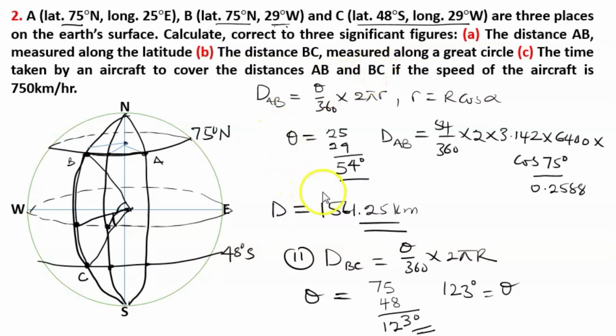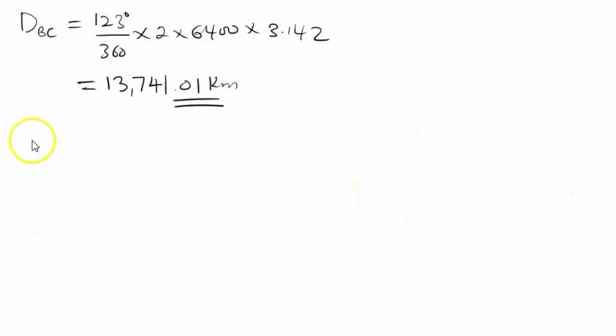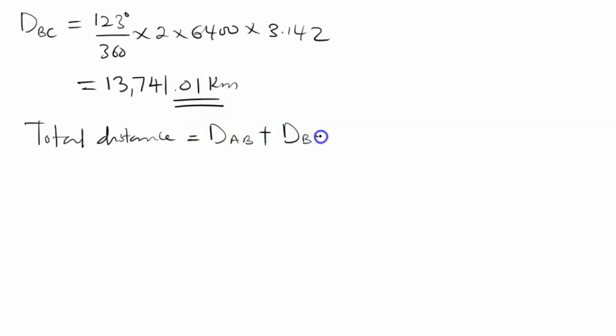We've actually gotten the distance AB to be 5161.25. So the total distance traveled is going to be the distance of AB added to the distance of BC.